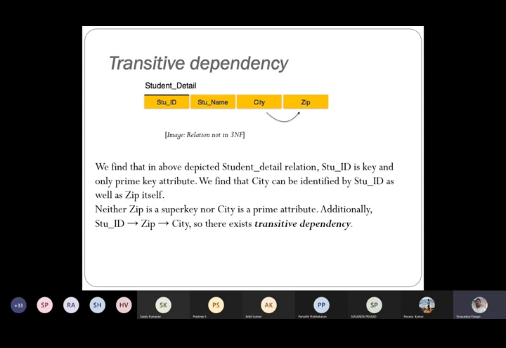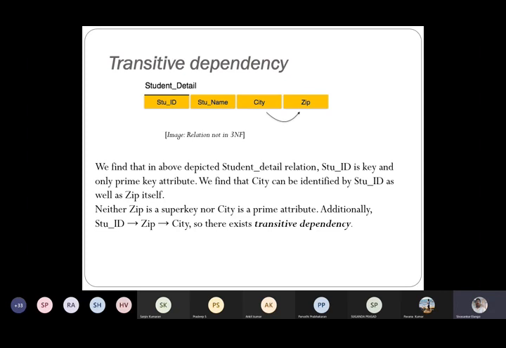So we find that city can be identified by student ID as well as by zip code itself, right? Using the zip code, you'll be able to identify the location or city, and similarly using the student ID, you will be able to identify the city of the student. So here neither zip code is a super key nor city is a prime attribute.